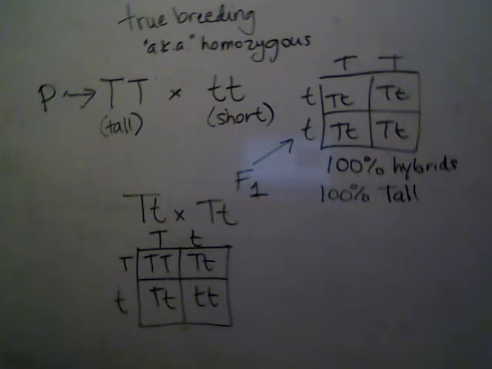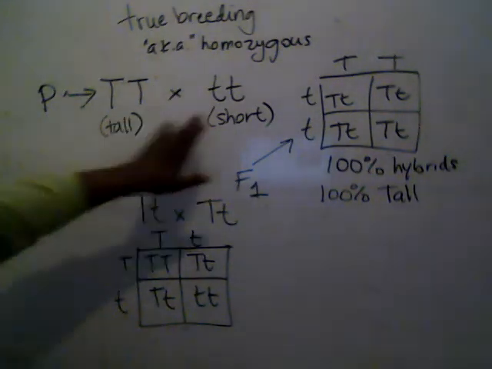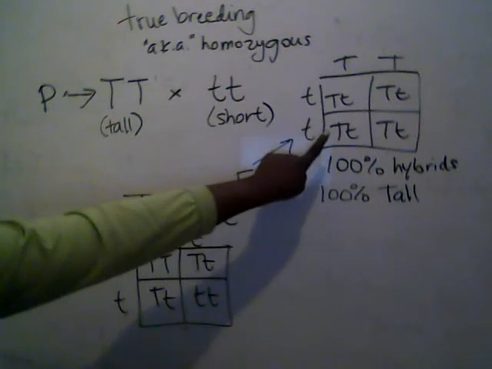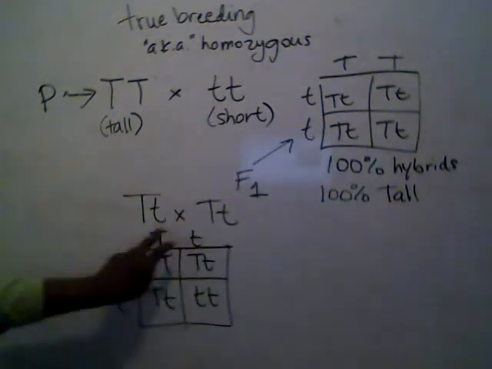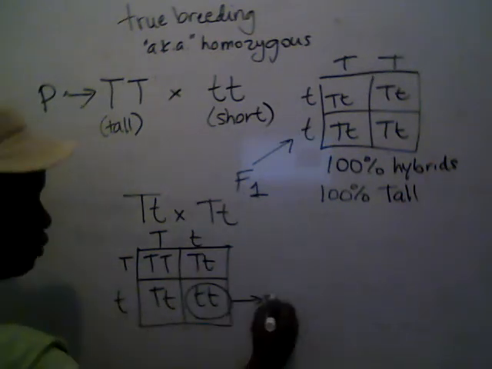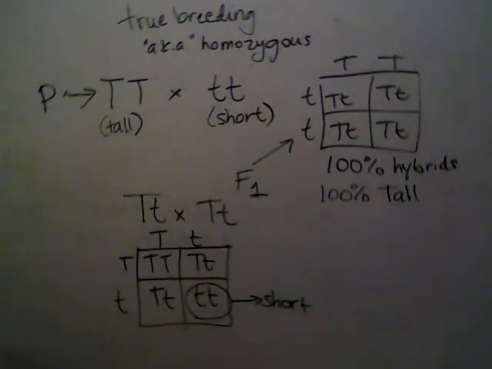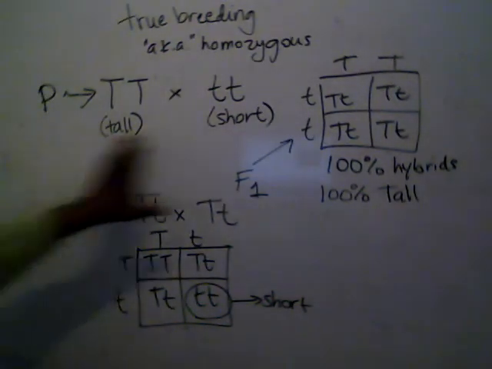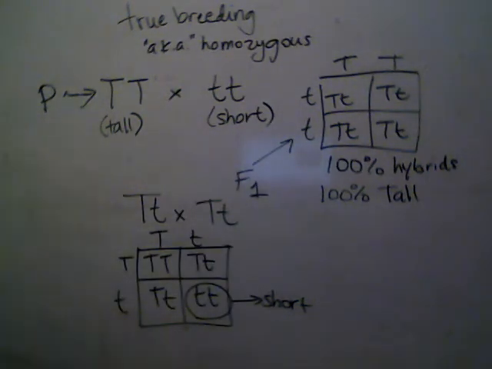Okay. So now if we look at this, the parents, we had a tall parent and a short parent. They made it together. They only had all tall offspring. But then if we took these tall offspring and mated them together, we notice that the short trait reappears. Okay. And so the question is asking, why is it that we had no short plants in that first generation, but all of a sudden that short trait reappears again?